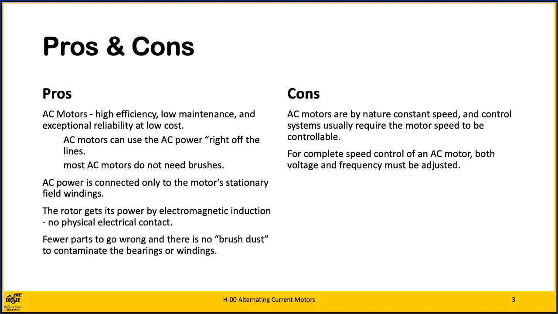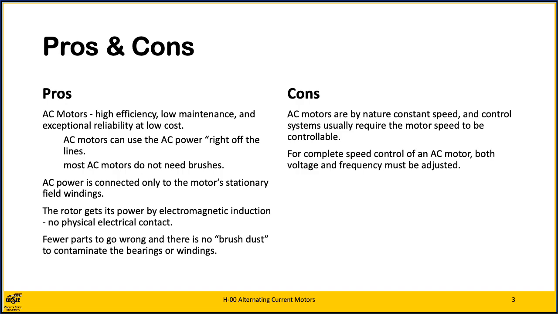For complete speed control of an AC motor, both voltage and frequency must be adjusted, which requires using special electronic speed control circuitry, such as the volts per hertz drive or the vector drive discussed later in this chapter. Still, the most common use of AC motors is for many applications where speed control is not necessary.